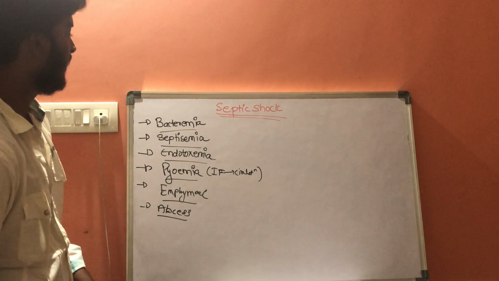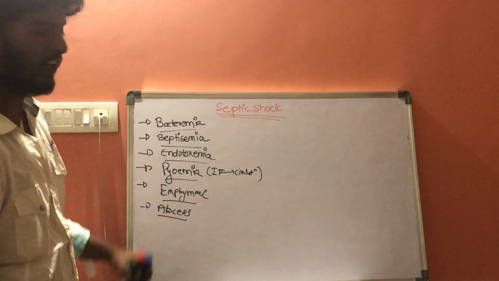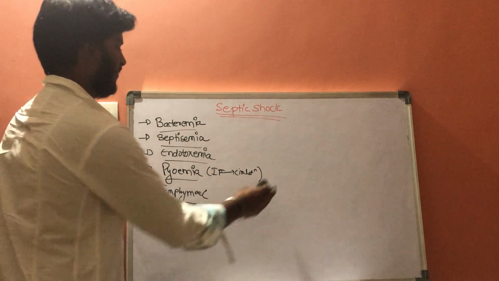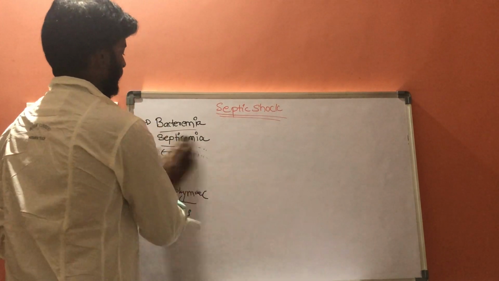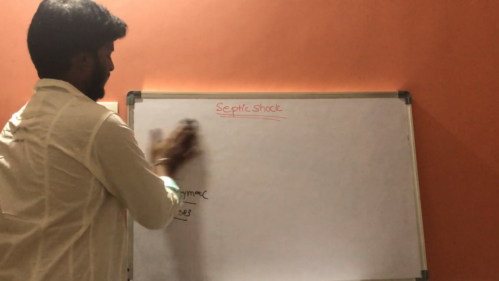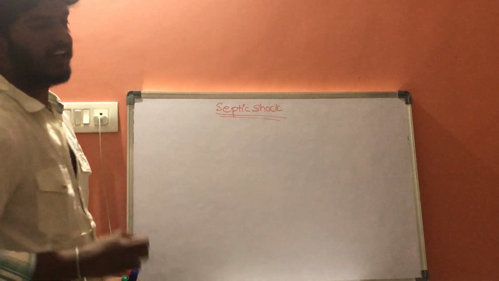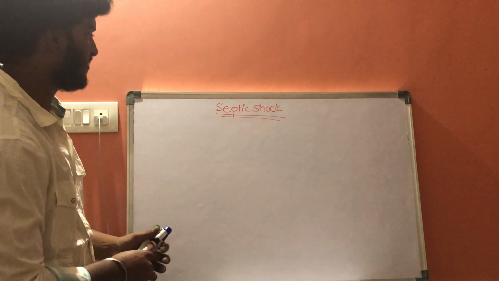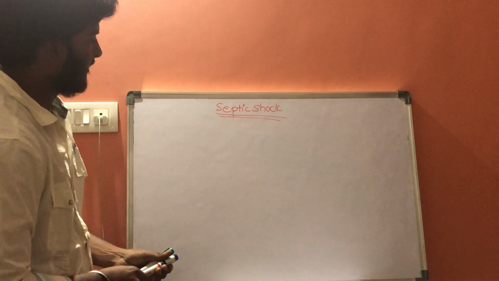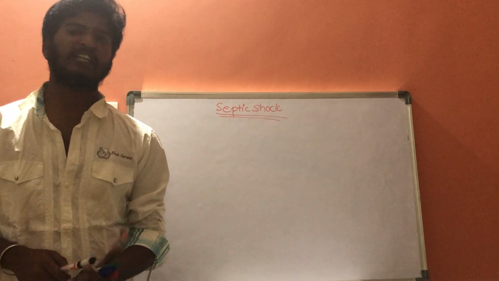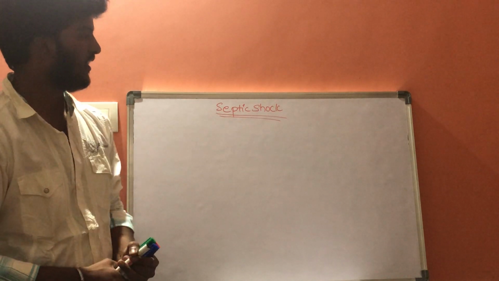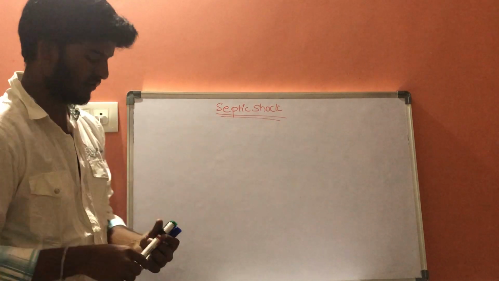Now, let us discuss endotoxins. Septic shock may be caused by endotoxins. In which type of bacteria are endotoxins present? In gram-negative bacteria.